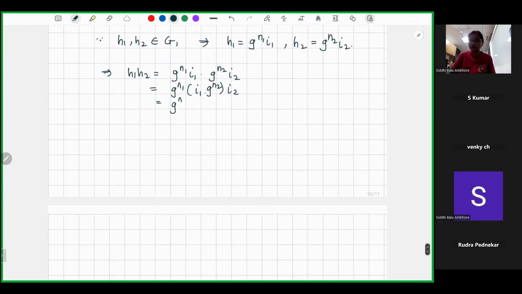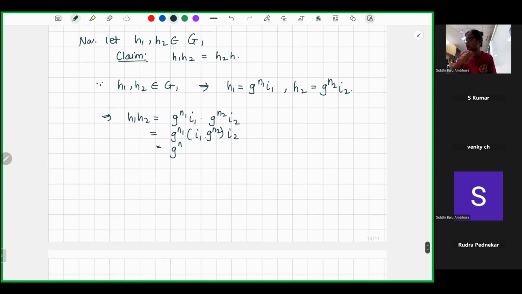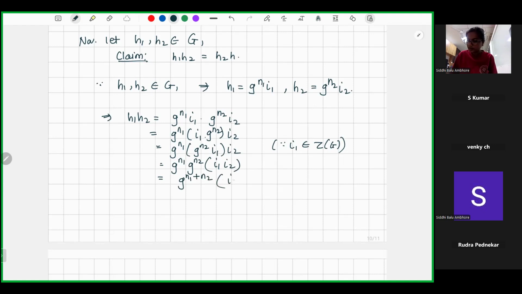So since I1 belongs to ZG, we can write this as G power N1 G power N2 I1 I2, and this I1 I2 doesn't matter, and this is G power N1 plus N2, I1 I2.